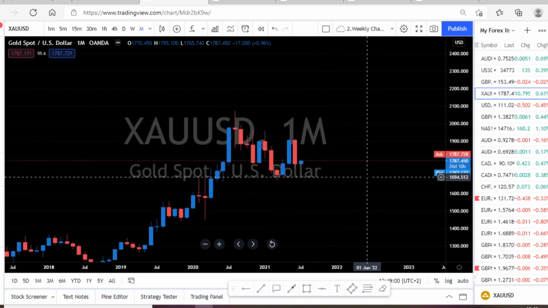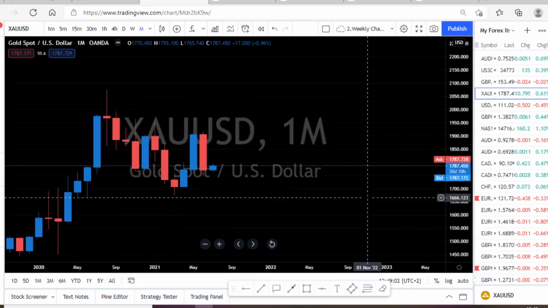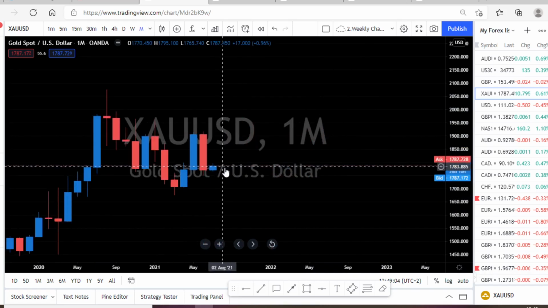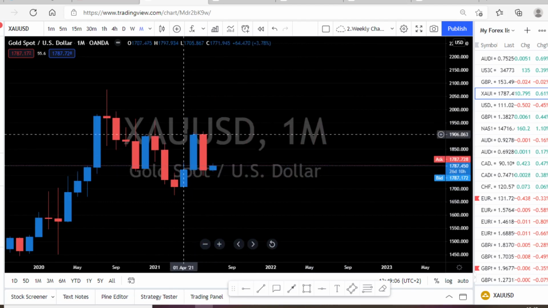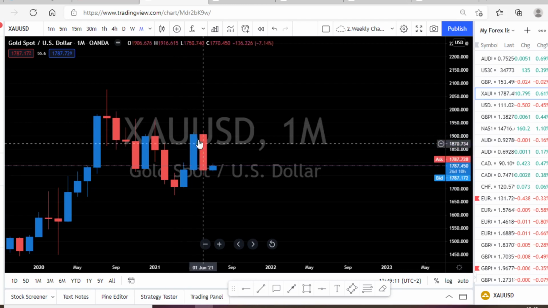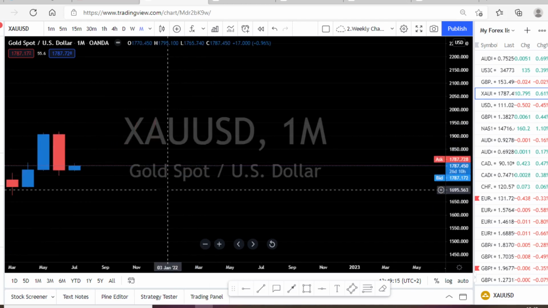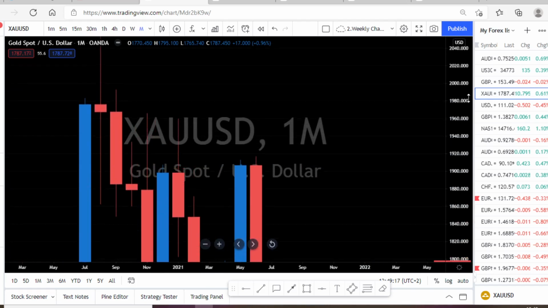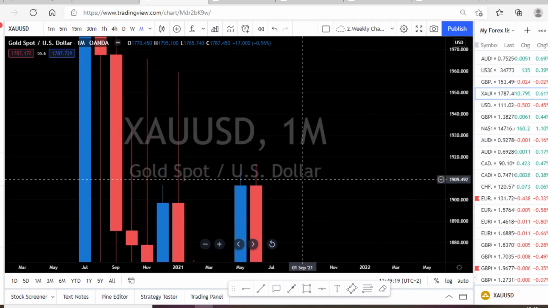Then what do we have now? The previous month candle broke below and also kind of broke above. Let's verify this statement. Yes, it closed both below and closed above.